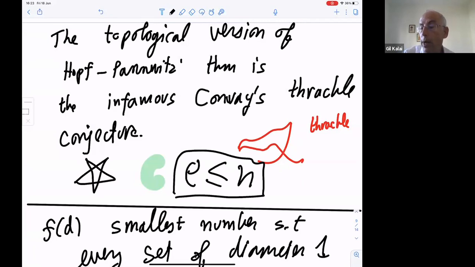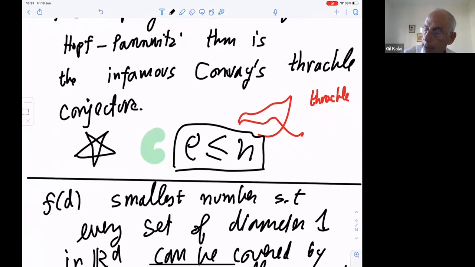But when it comes to curves, you can also realize even polygons. So you realize more graphs with n edges, but as far as we know, there are no examples where you can realize more than n edges, and this is the conjecture.